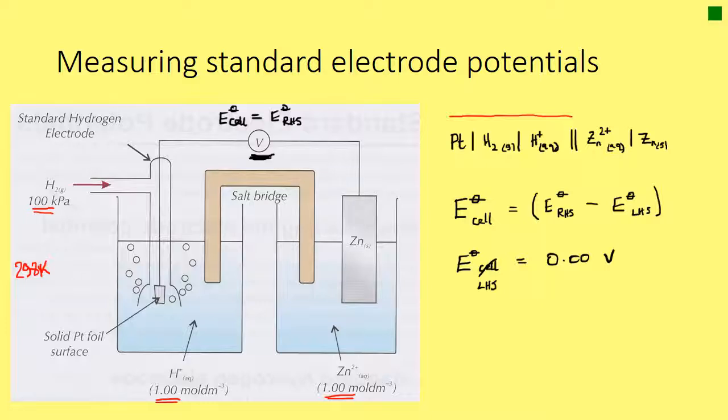You remember from a previous video lesson that we said the one with the most negative electrode potential goes on the left, but there is an exception to that rule, and that is the standard hydrogen electrode. We always write the standard hydrogen electrode on the left by convention, and that results in either negative or positive electrode potentials.